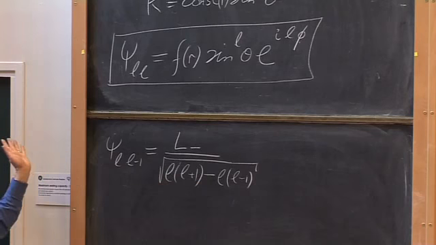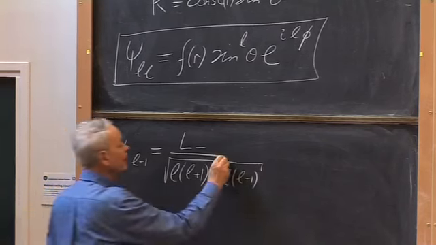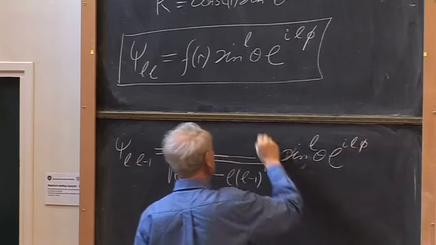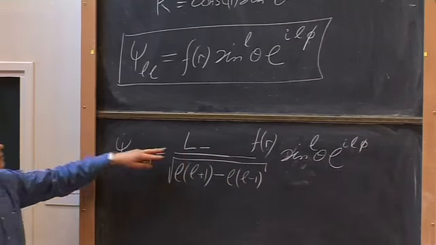That was the case in harmonic oscillator. That's the case also with the angular momentum operators operating on psi LL, which we now know what it is. We now know that it's sine to the L theta e to the I L phi times the unspecified function of radius.